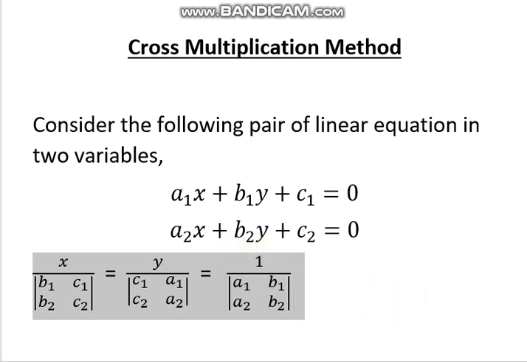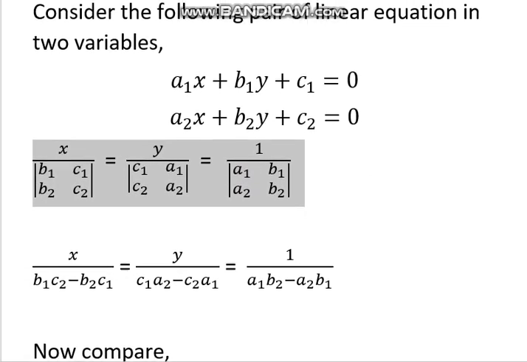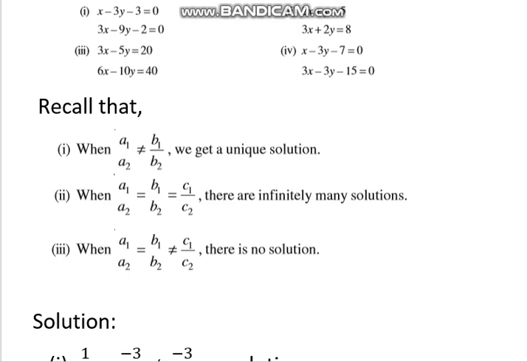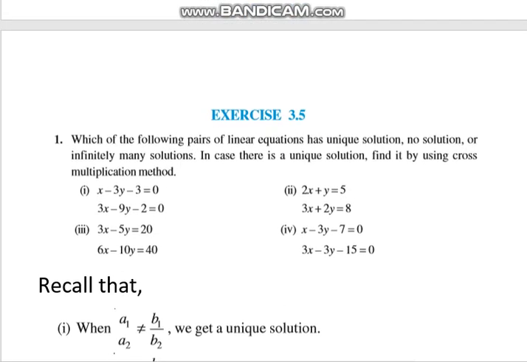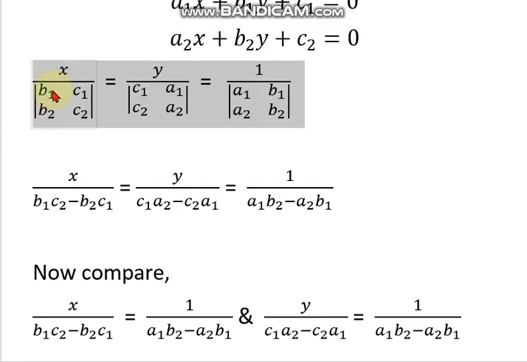Now you might have a question: how to solve b1 c1 b2 c2 that I have written in the denominator of x and y? I'll tell you. Here b1 c2 is a principal diagonal element.